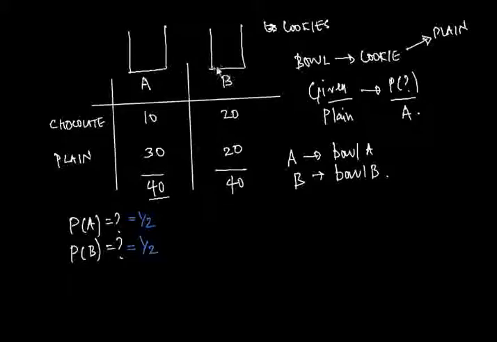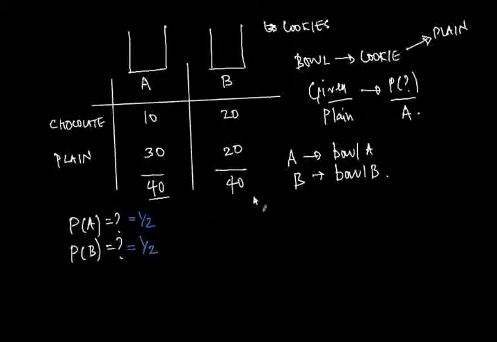Now once we've picked a bowl, we will get a cookie. So if I give you a cookie, it could have come either from A or from B. So the probability of the cookie having come from bowl A is simply the probability that I picked bowl A. And the probability that it came from B is simply the probability that I picked B. So the probability of the cookie coming from A is half, and the probability of it having come from B is half, right?